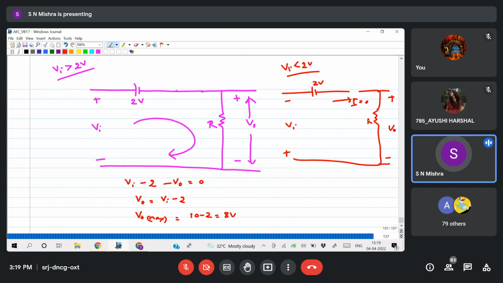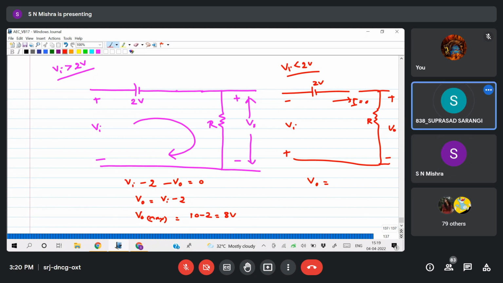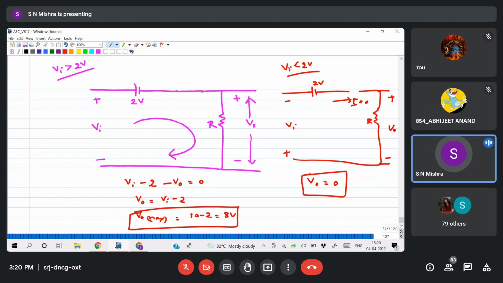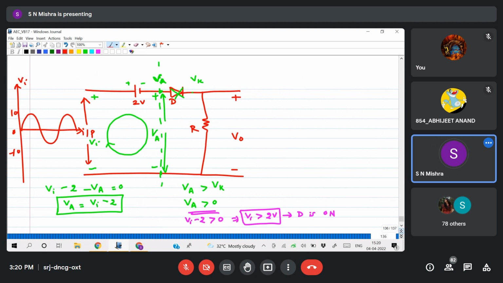So what is the voltage drop across the load? 0. So in the positive half cycle, when Vi is more than 2 the maximum is 8 volt, and when Vi is less than 2 it is 0. Then we have to draw the output waveform.